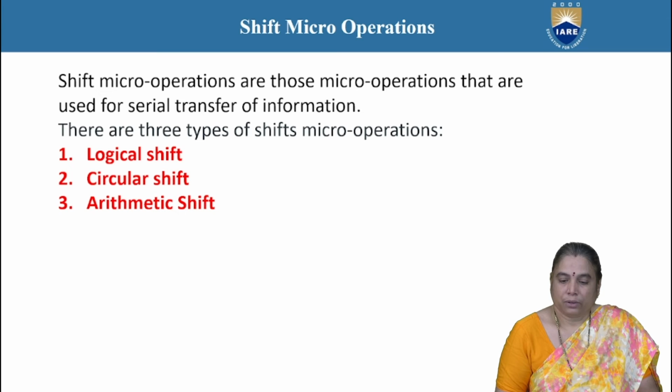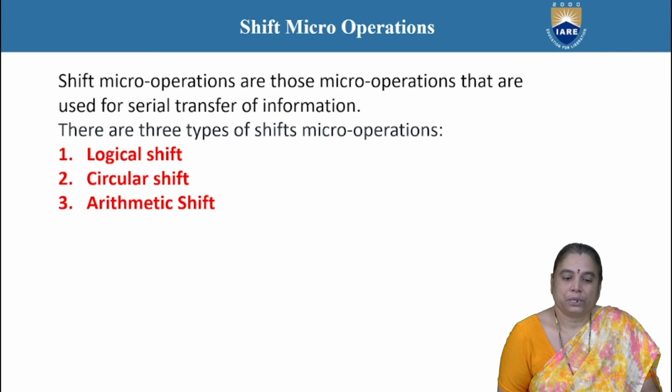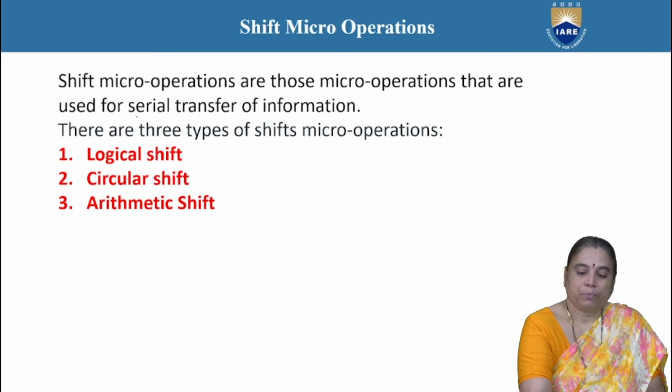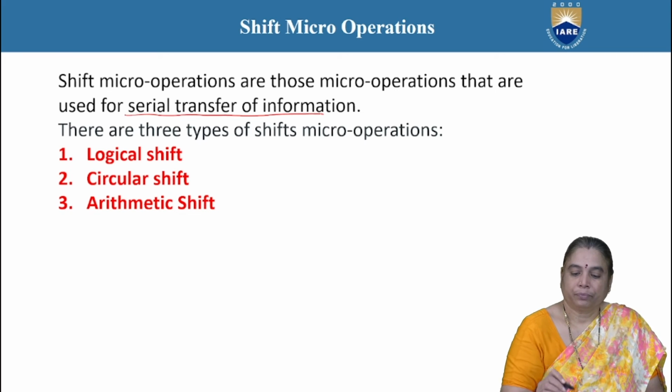After the logical micro operations, the next category of micro operations is the shift micro operations. These shift micro operations are especially important whenever serial transfer of information is needed.